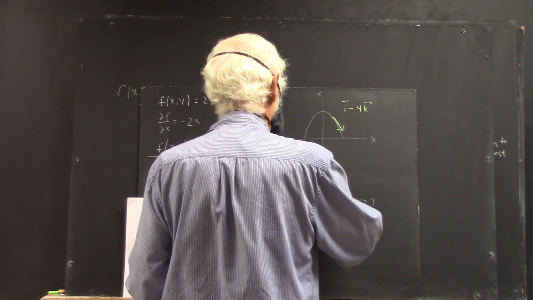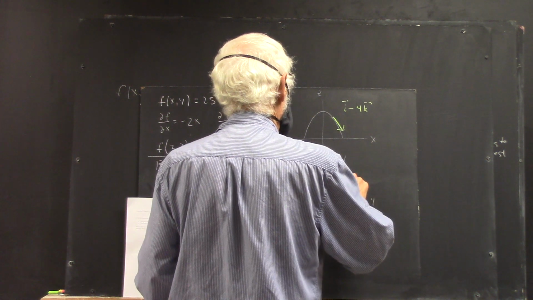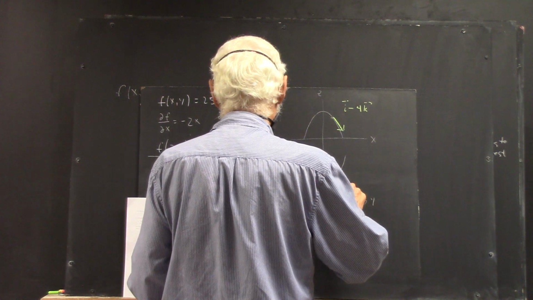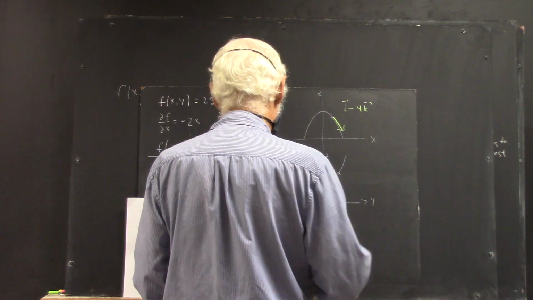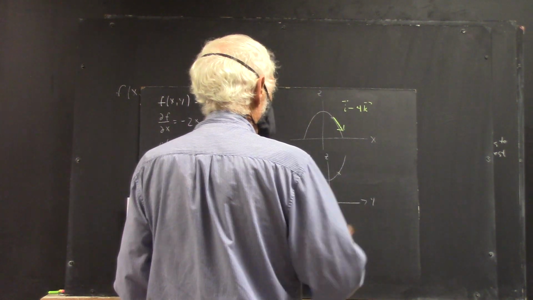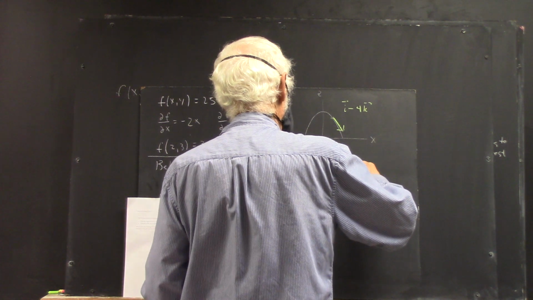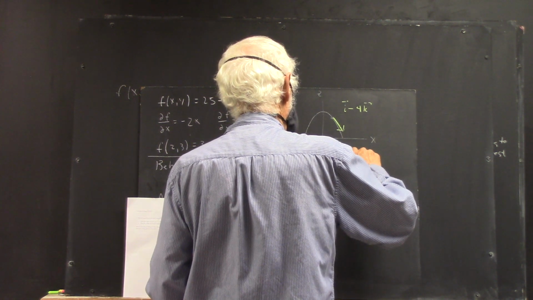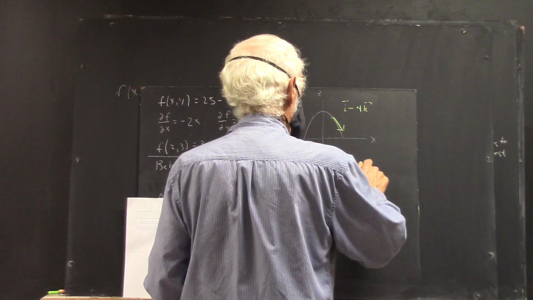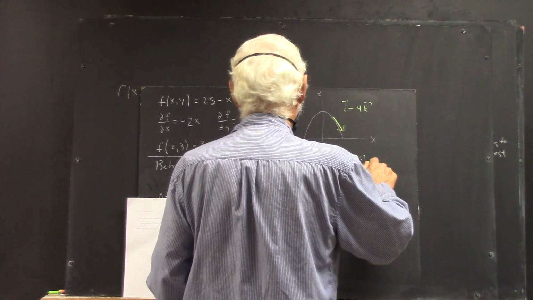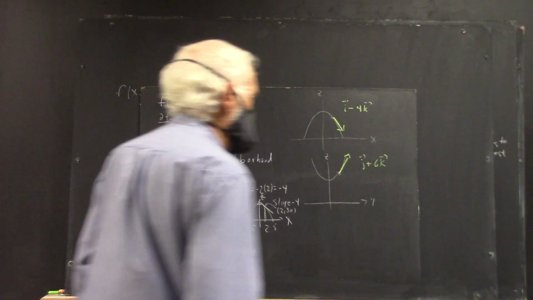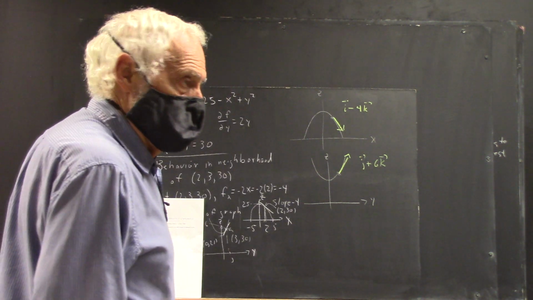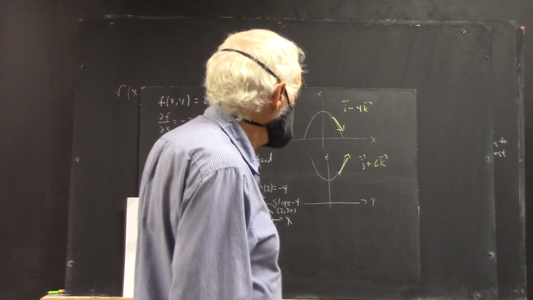In the YZ plane, you've got the point 3, 30 and the vector is j plus 6k in 3 dimensions.